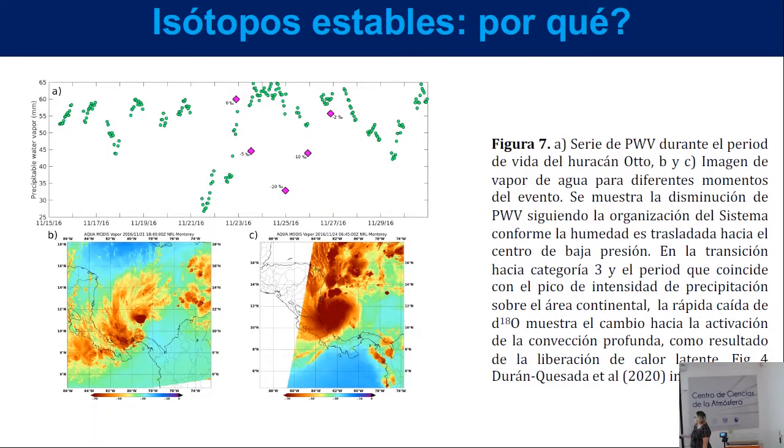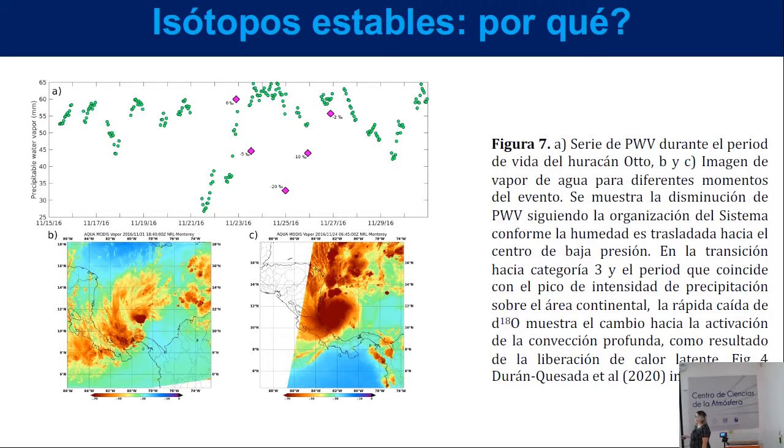The important thing here is summarized in this graph. The green dots are precipitable water vapor, and oxygen-18 is in these little diamonds of a purple color. The important thing is that just when the transition happens to category 3, and that is when we have, on the monitoring side, the maximum peak of intensity of the hurricane, they trigger the content of the rain.